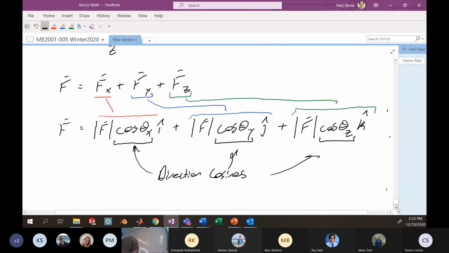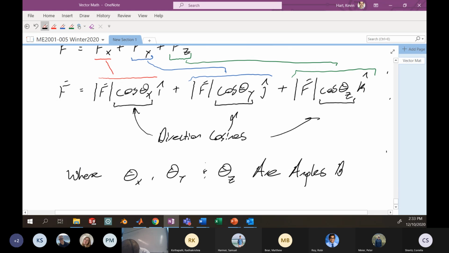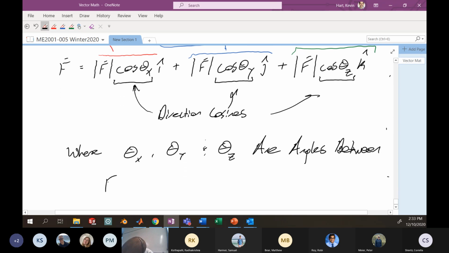Where this theta x, theta y, and theta z are angles between my force and axes of interest.